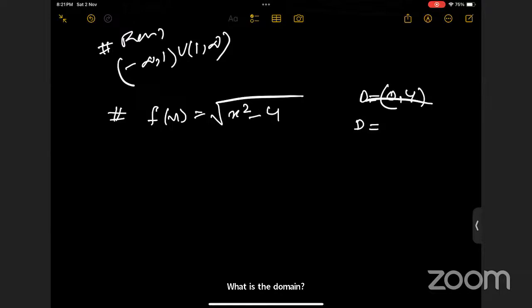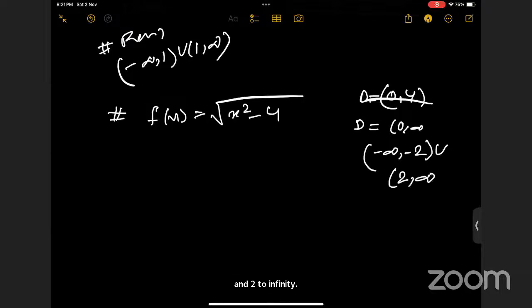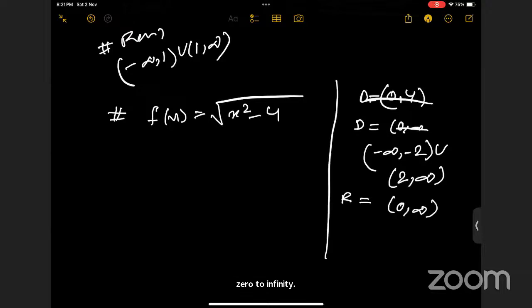You are saying domain from minus infinity to -2 union 2 to infinity, open bracket. Okay, and what is the range? 0 to infinity. Ma'am, -2 and 2 will be included in the domain. I mean closed brackets, right?